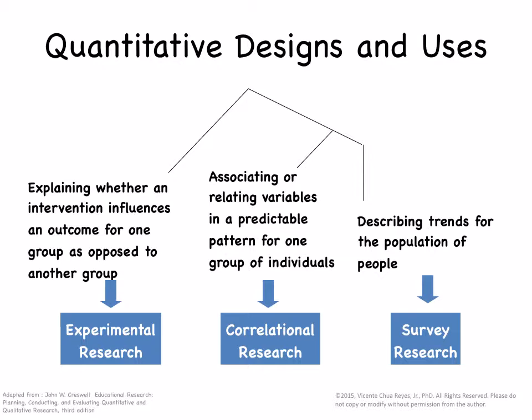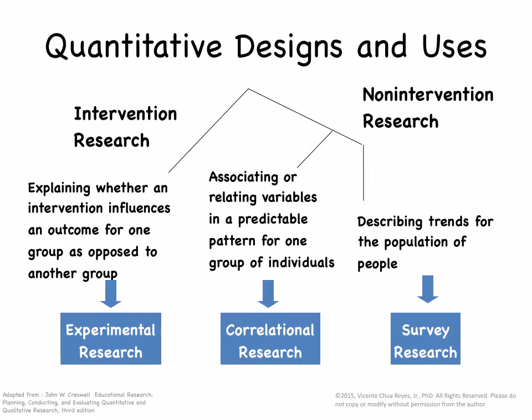Looking at this graphic, we could actually see that these three research designs could further be categorized into two. One category would be intervention research, where we see experimental research falling well within that particular category, and the other one would be non-intervention research. And in this second category, we find correlational research and survey research.